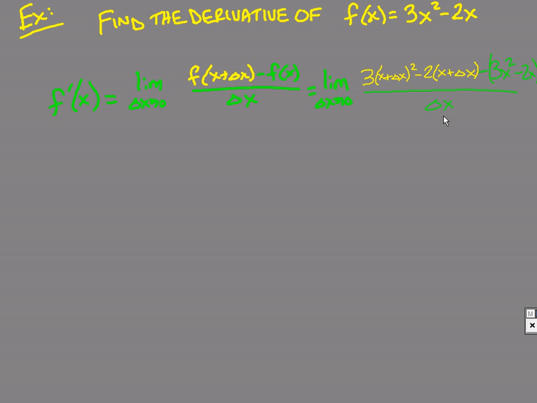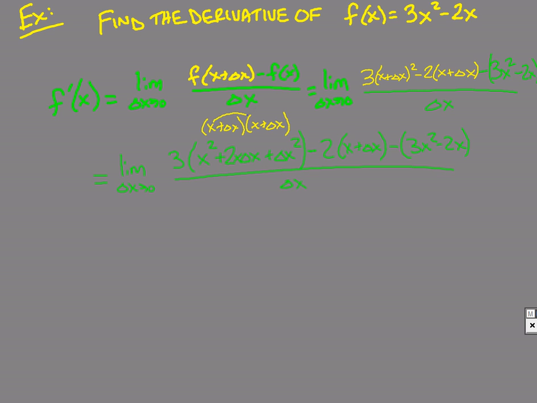From here, all we're going to do is some basic algebra. So, when I do this next line, the limit as delta x approaches 0, all I did was I foiled this x plus delta x squared. So what that means is I had x plus delta x times x plus delta x.